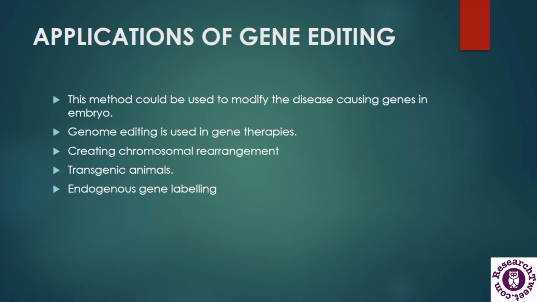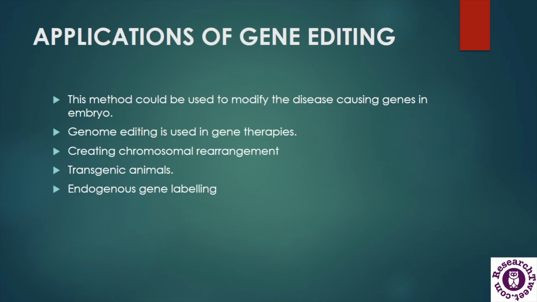Now let's discuss the applications of gene editing, or how this process is significant and useful for human beings. Gene editing could be used to modify disease causing genes in an embryo.